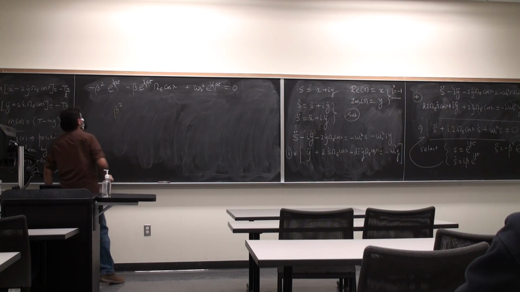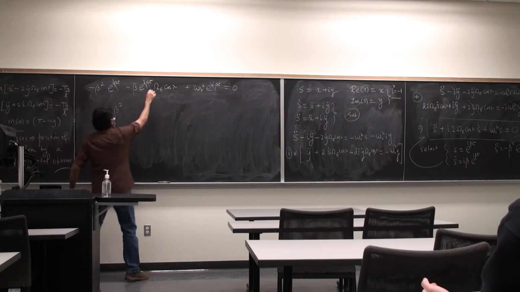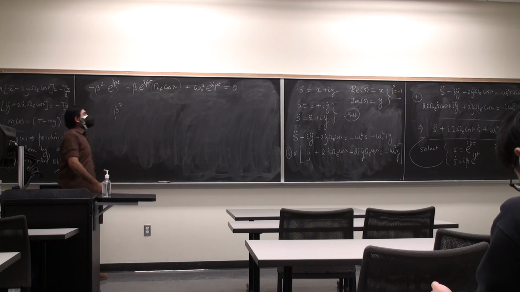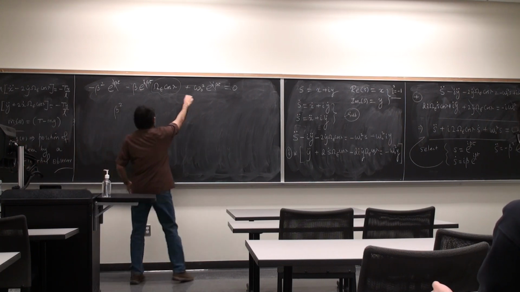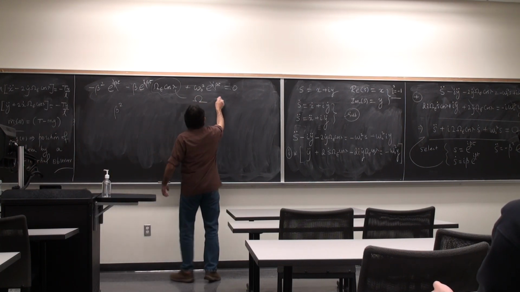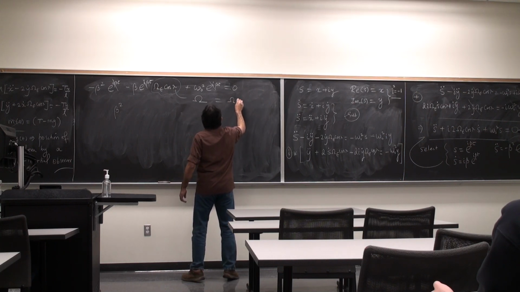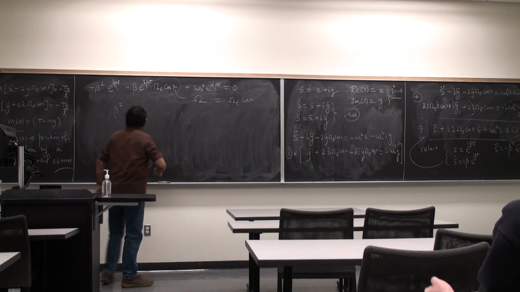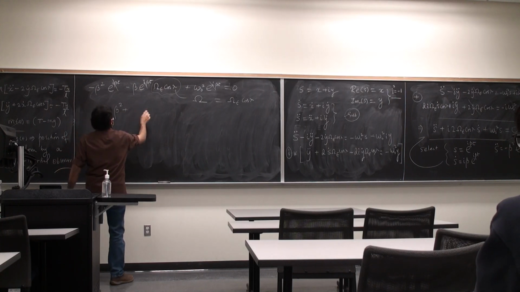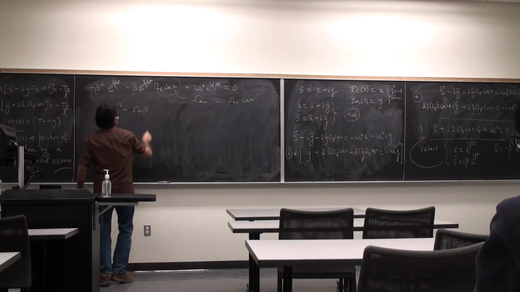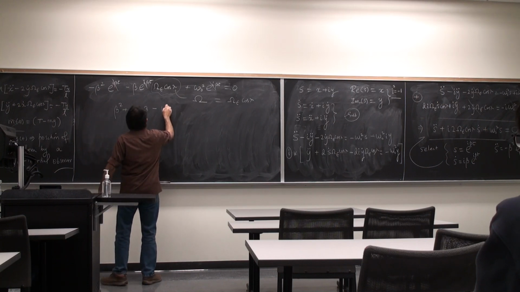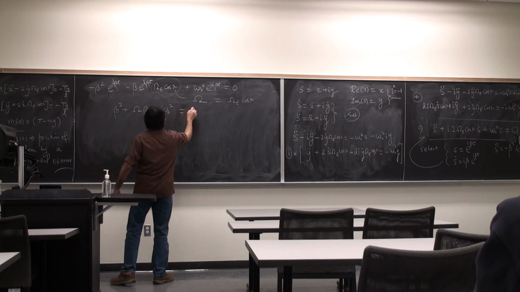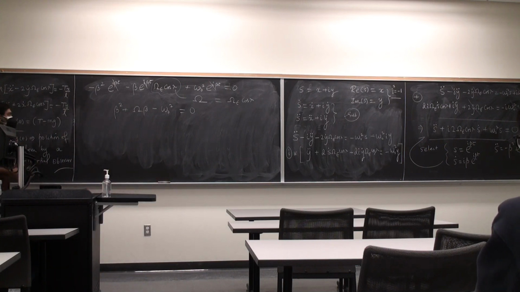So beta square. What's this? I'm just going to call it some capital omega. Cosine lambda is just some shifting factor, right? So this is just omega is omega_e cosine lambda. So plus 2 omega beta minus omega naught square. Quadratic, two roots.